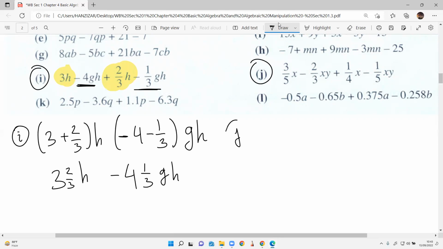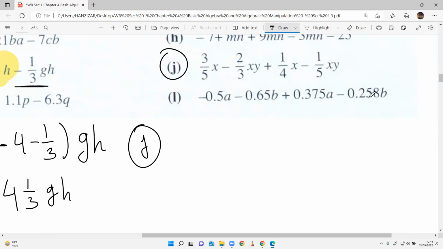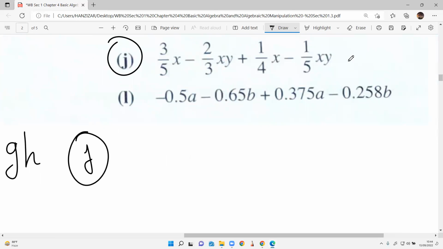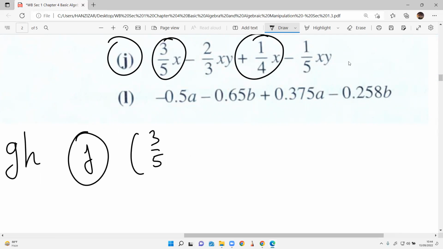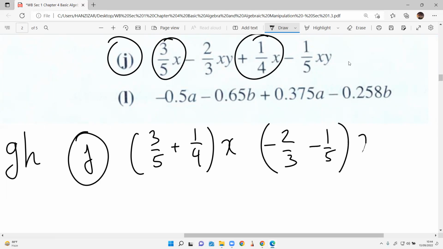J is a bit harder, but it's the same logic. We deal with the fractional coefficient. Right? So you find the like terms, x, and then minus 2 over 3, minus 1 over 5, bracket xy. Get the idea? So x and xy are two different variables.